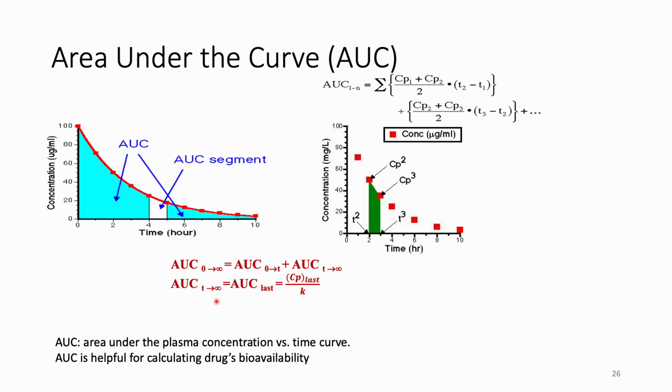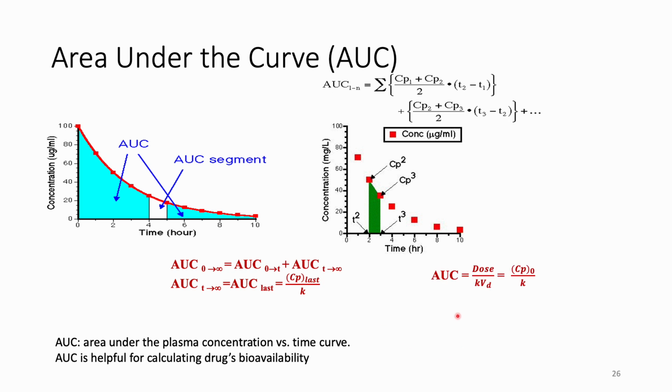AUC from T to infinity is calculated based on the formula: the last concentration divided by the elimination rate constant. So when you have the fractions of AUC using the trapezoid rule, you add the AUC from T to infinity, then you have the total AUC.